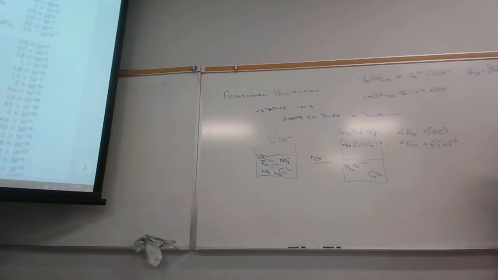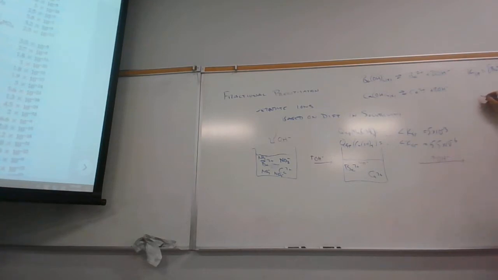So 1,000 times smaller. So as we continue adding the hydroxide, eventually we're going to saturate the solution with respect to calcium hydroxide. And so what we'll do is a calculation here.